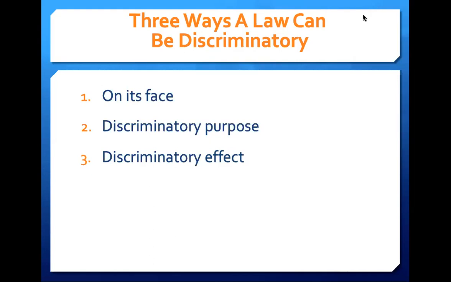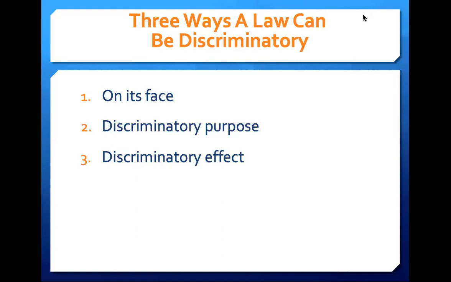Now, these last two ways, the discriminatory purpose and the discriminatory effect, can often overlap. It can be sort of hard sometimes to peel away whether we have a discriminatory purpose and not a discriminatory effect, or only a discriminatory effect and not a discriminatory purpose. Often it seems the evidence points in the same direction for both of them, but you technically only need to show one of these.